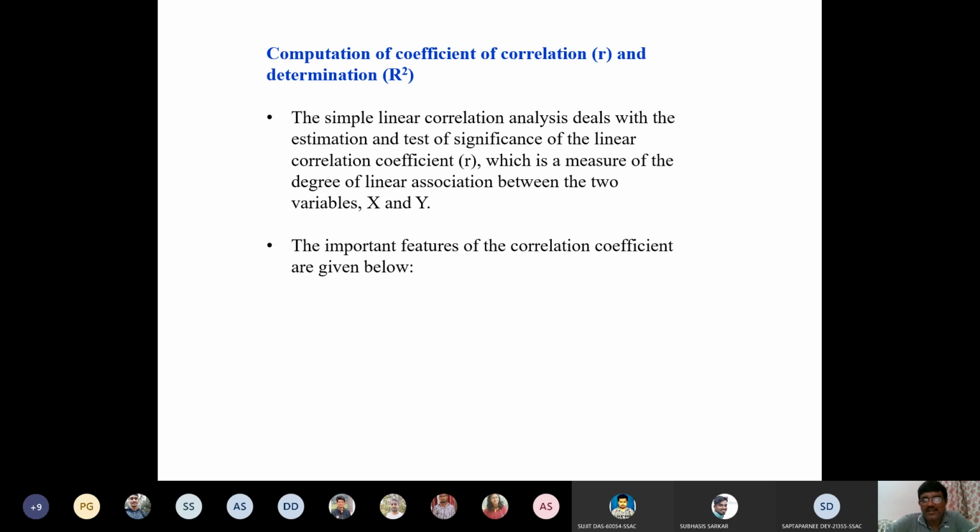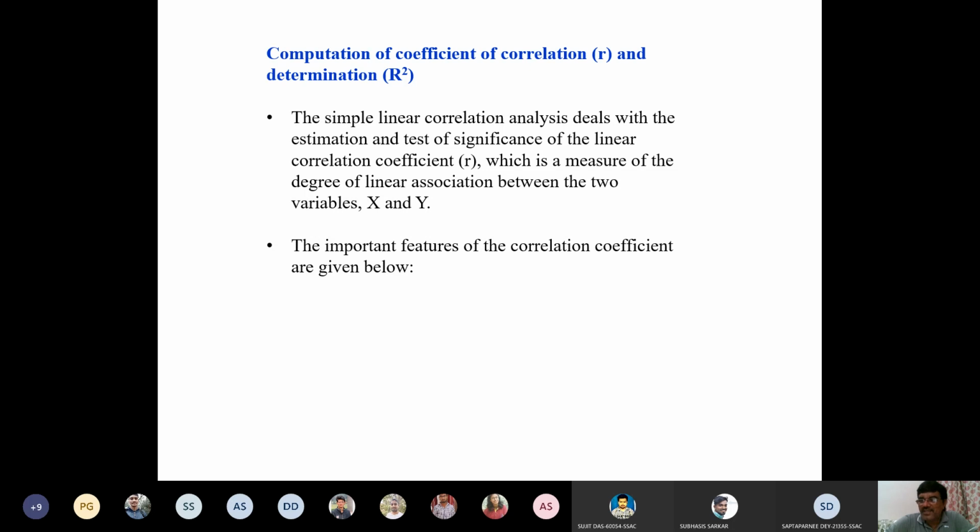This is the understanding. Another point is that sometimes you write it with a small letter, sometimes with a capital letter. There is no distinction, no difference between whether you write a small r or capital R, or a small r square or capital R square.